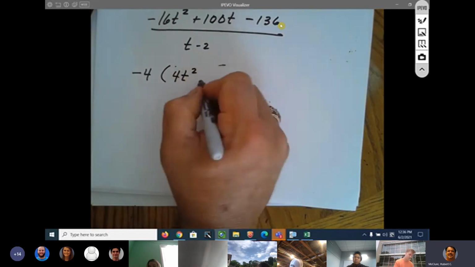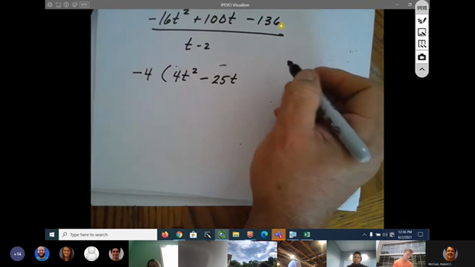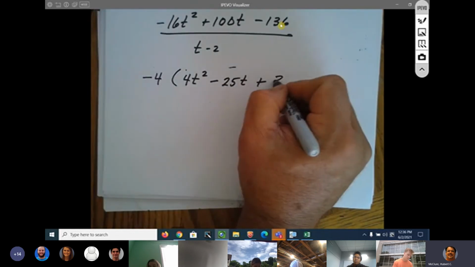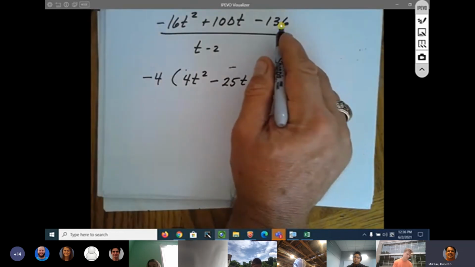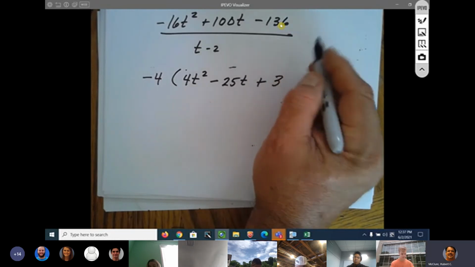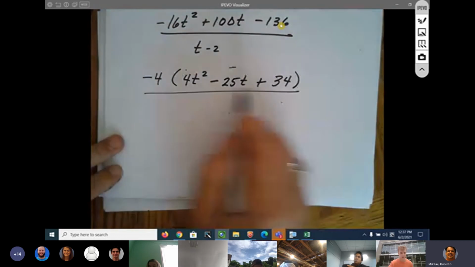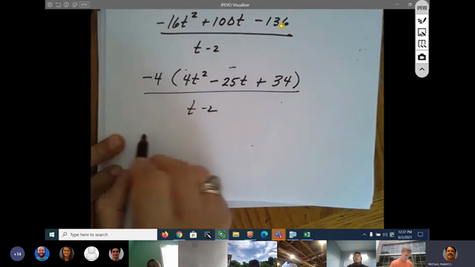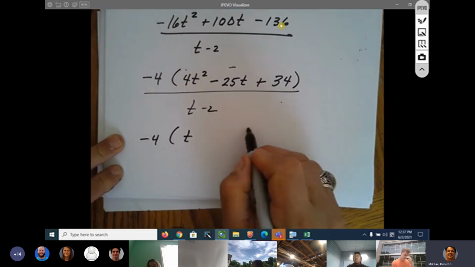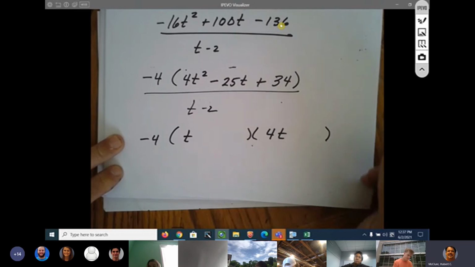That's going to be 4t squared minus 25t plus, 4 will go in there 3 times, and that'll leave what? 34. Somebody check my math. Yeah, that's right. Over t minus 2, and that'd be negative 4, and we want a t here and a 4t here and a 34.